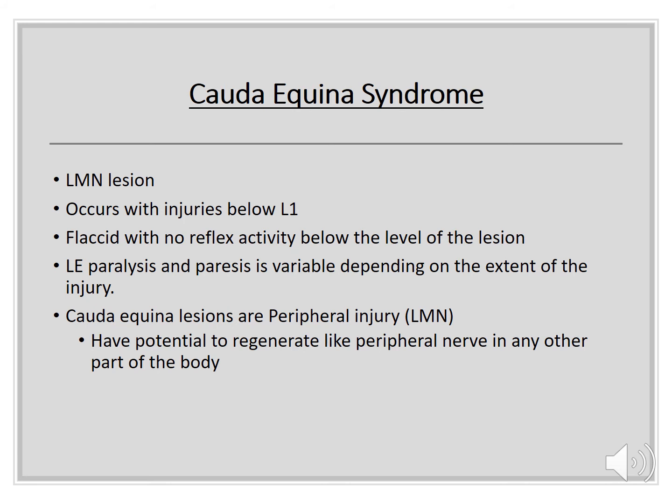Cauda equina lesions are peripheral injuries. Once again, please know that it is a lower motor neuron lesion. And because they are a peripheral nerve injury, they have the potential to regenerate like peripheral nerves in any other part of the body.